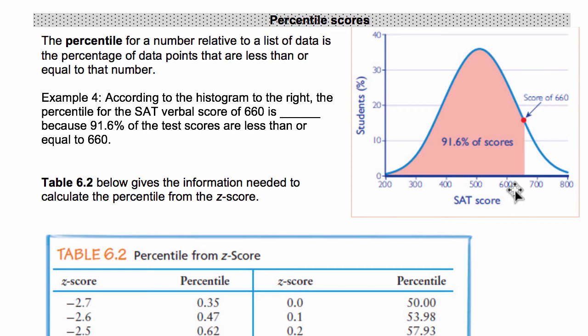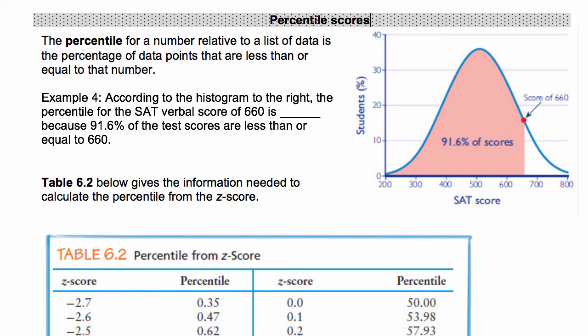For example, the median is always the 50th percentile because half the data are below the median. Similarly, the first quartile is always the 25th percentile because 25% of the data are below it. And the third quartile is always the 75th percentile because 75% of the data are below it.